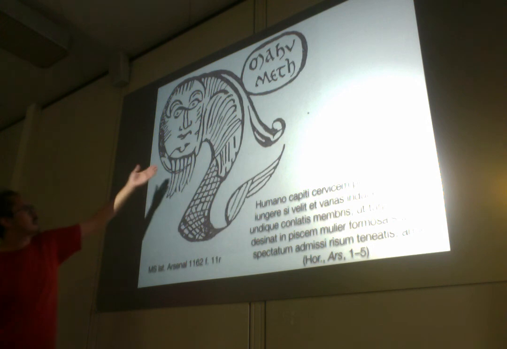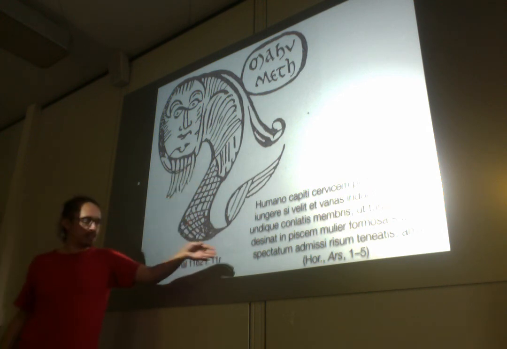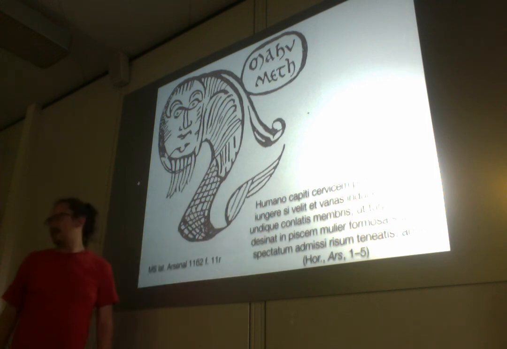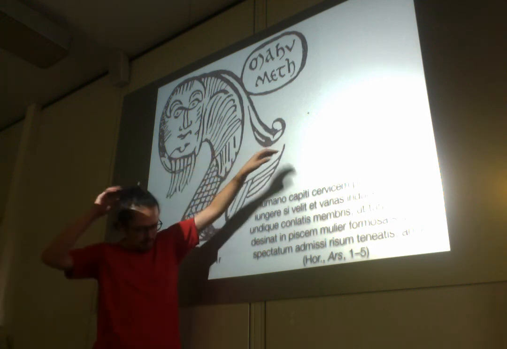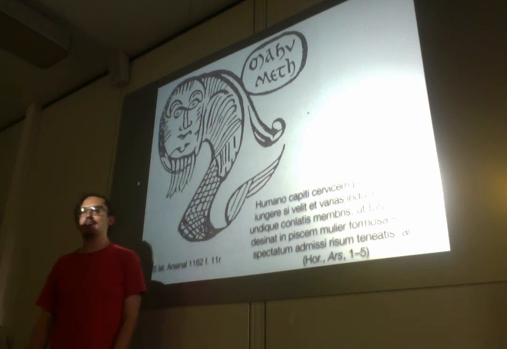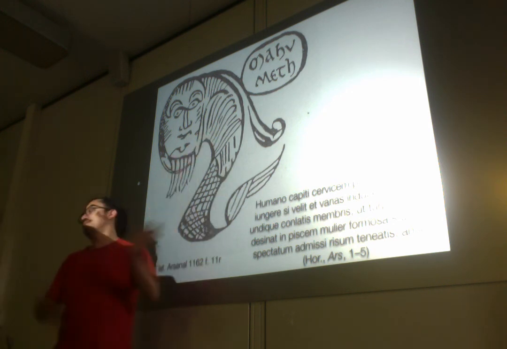So we can see this has been interpreted to be the tail of a fish, as Horace suggests. This seems to be his beard. What's the name for this in English? His turban, or his headdress, and some feathers. This is the interpretation.